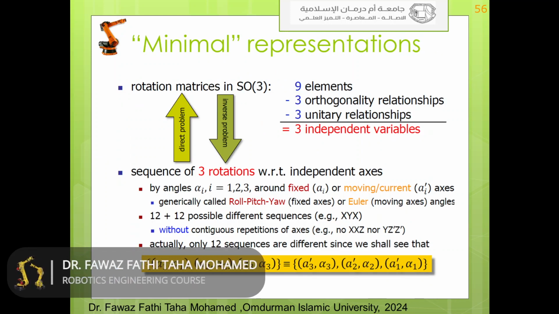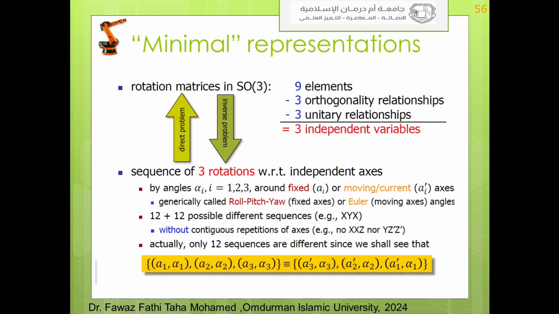Coming back to our slides, slide number 56, to resume the minimal representations. It is similar to the case of the rotation of angle 3 around the last axis, then around the second axis, and around the first axis.